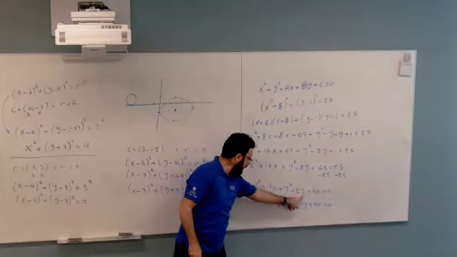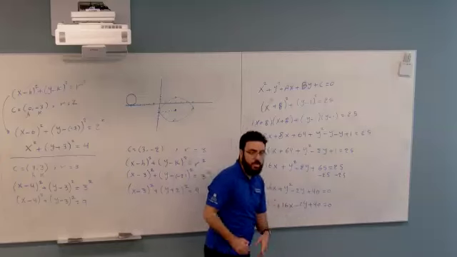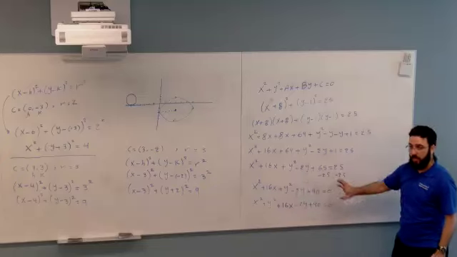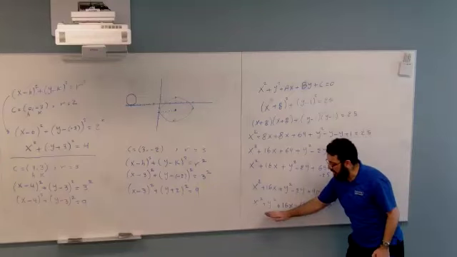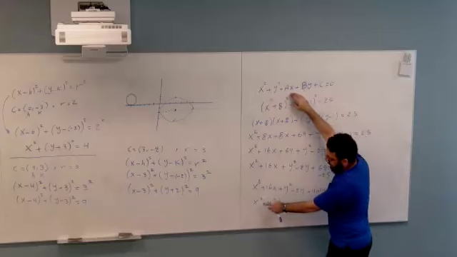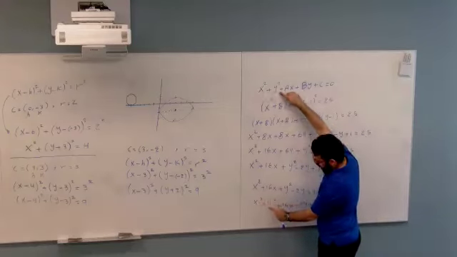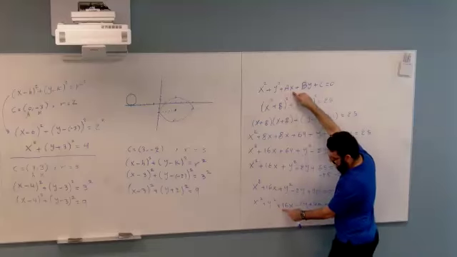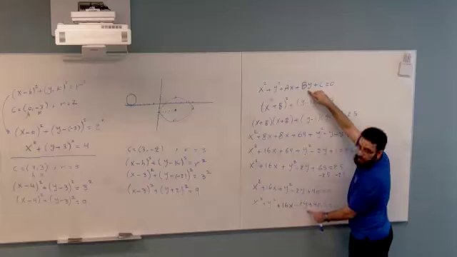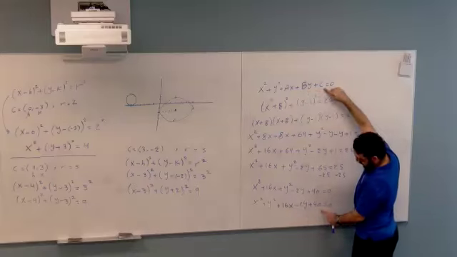So the negative 2y is still by itself. I just need to write down the general form. This is right. But I need to match this one to what they give me as the general form. So x squared, y squared, ax, which is 16x, by is negative 2y, and c is going to be the 4.